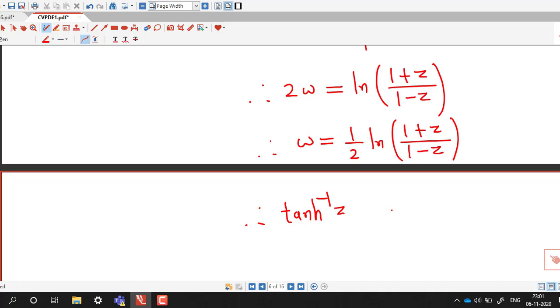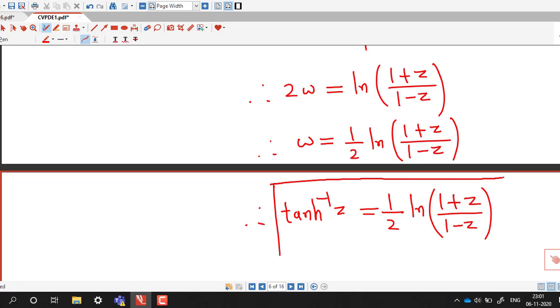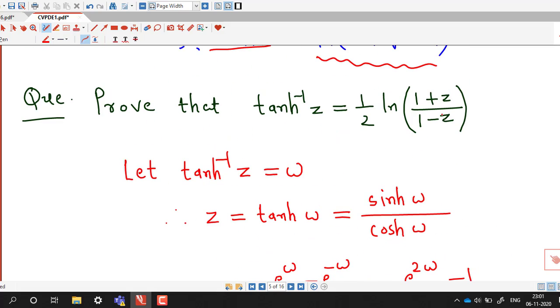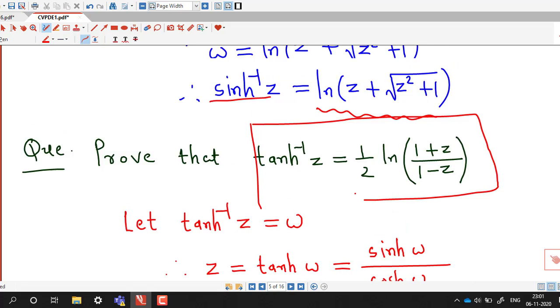So tan hyperbolic inverse z is nothing but 1/2 log of 1 plus z over 1 minus z. So in this way we can derive the formula for tan hyperbolic inverse z, and it is in terms of logarithmic function. So using these formulas we can find out values of inverse hyperbolic functions using logarithmic function.